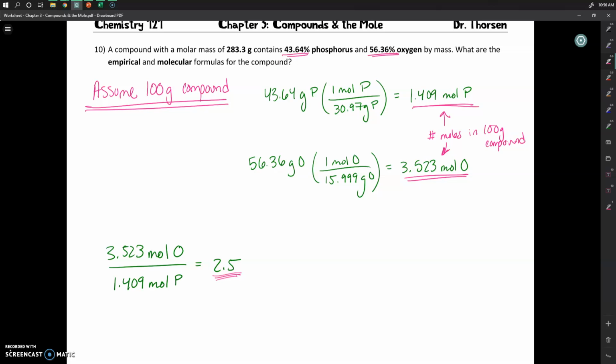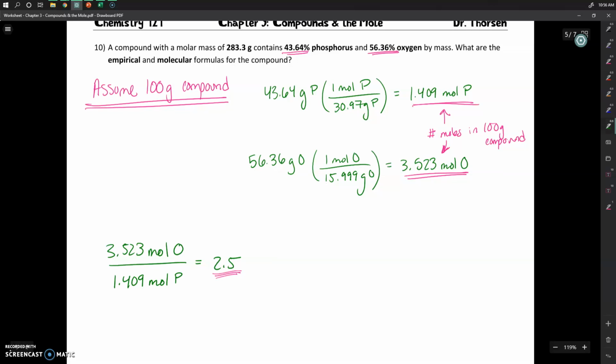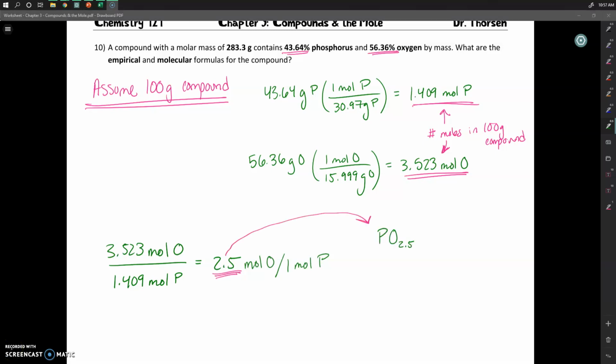And so this 2.5, let's keep in mind what this means. This 2.5 means that you have 2.5 moles of oxygen per every 1 mole of phosphorus. So if I was going to write out my formula right now for what this would look like, then I would use these numbers, 2.5 and 1, as my subscripts in the molecular formula.